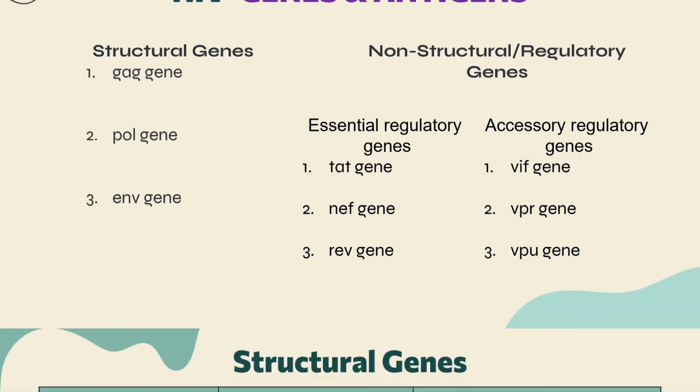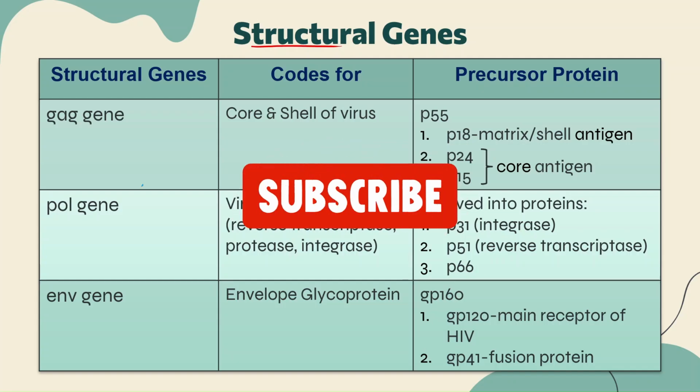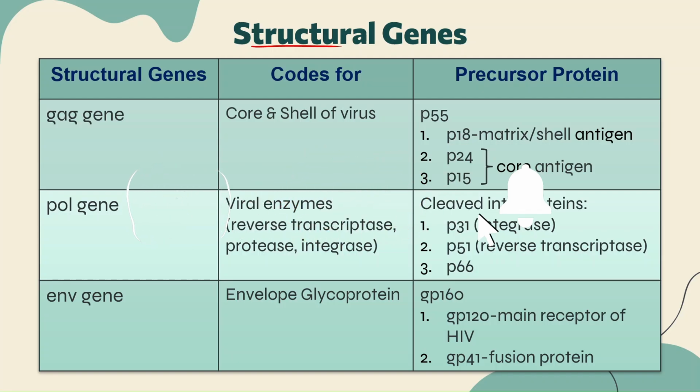Let's have a look at the details of the structural genes. Here is a very simple table with all the information regarding the structural genes. When I say structural genes, it implies that these genes code for the structural components of the HIV virus. Any gene will undergo transcription and translation and produce a protein.